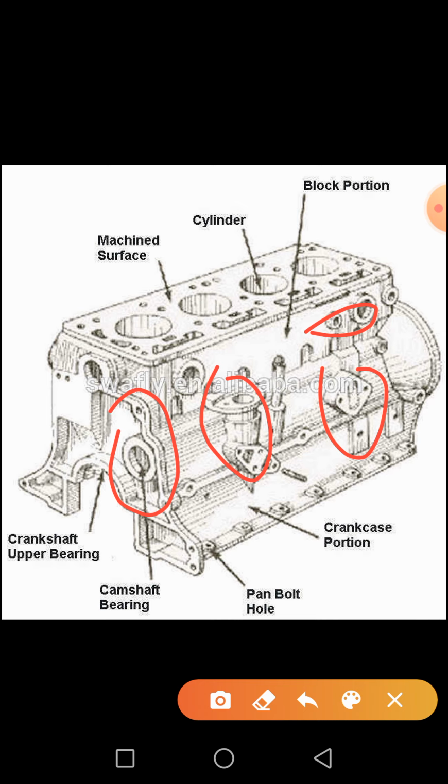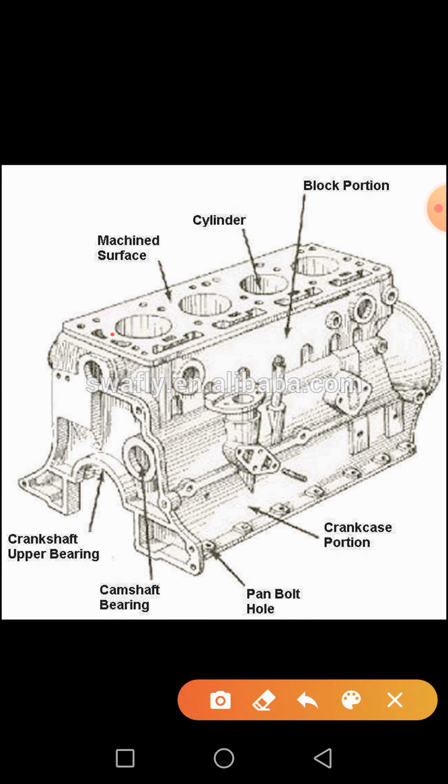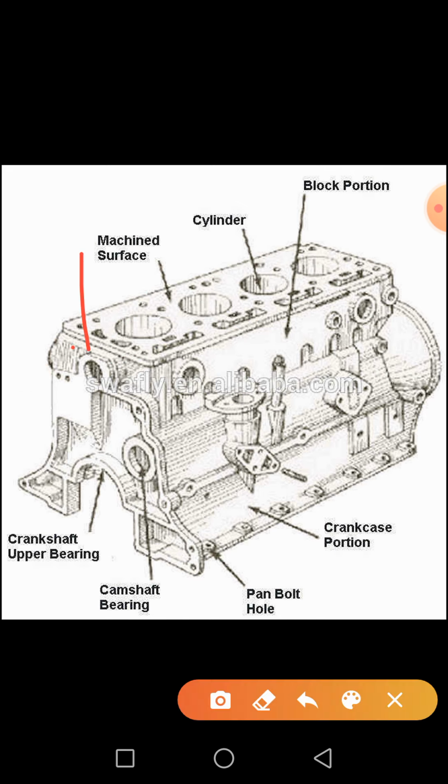Cylinder block is the basic framework of an engine. It houses cylinders for reciprocating movement of the piston, and also it houses holes for water passaging and oil passaging, etc. And the bottom portion of the cylinder block is known as crankcase, which houses the crankshaft by the support of main journals and bearings.